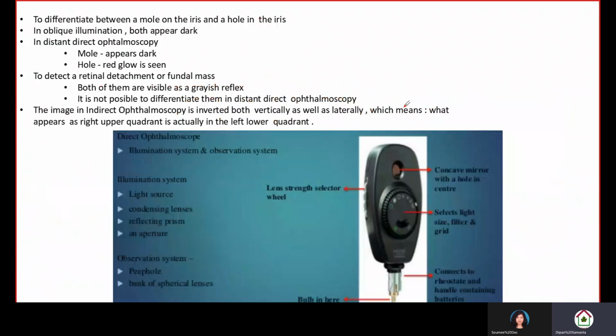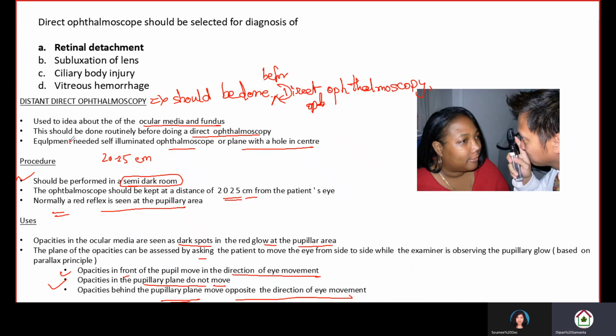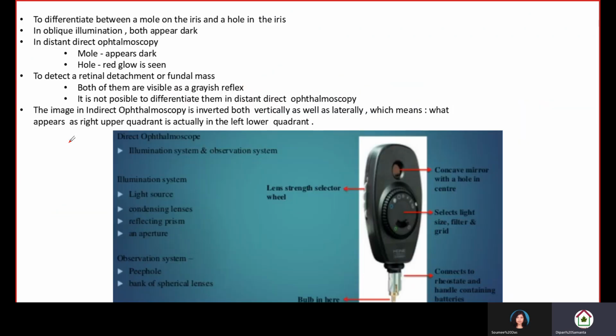Okay, next question, next slide. To differentiate between a mole on the iris and a hole in the iris is also a use of distant direct ophthalmoscopy. With oblique illumination, both appear dark, but in distant direct ophthalmoscopy, a mole appears dark, while a hole appears as a red glow.